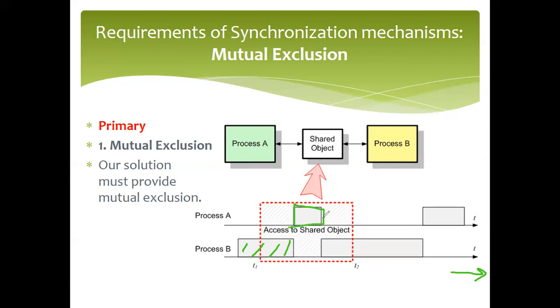And when process A finishes using the shared object, process B starts to use it again, and again the same thing. So they are not using the same shared object at the same time. This is called mutual exclusion. So one of the criteria is mutual exclusion.